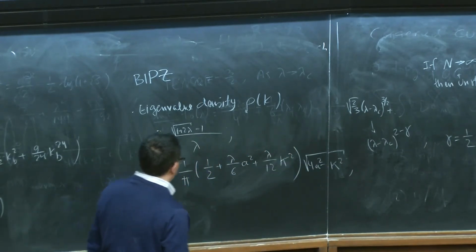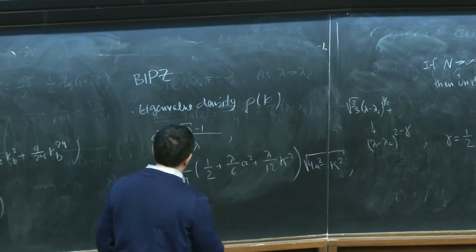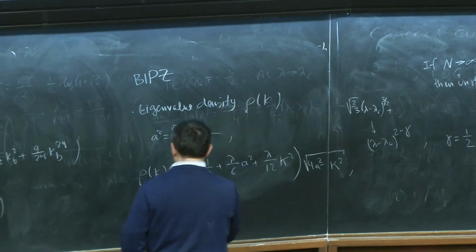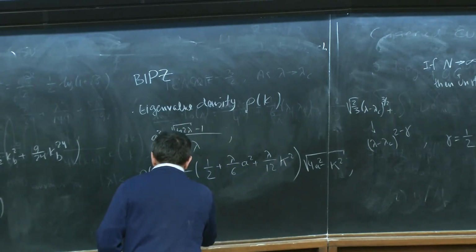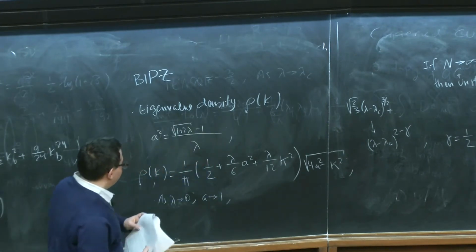Okay, so you see that as lambda goes to 0, a goes to 1, just from here.